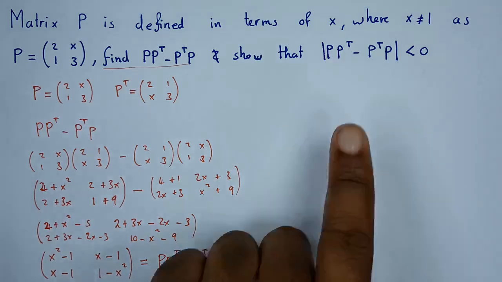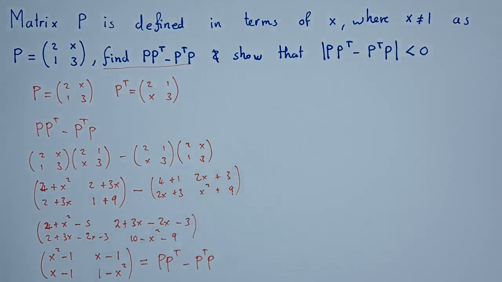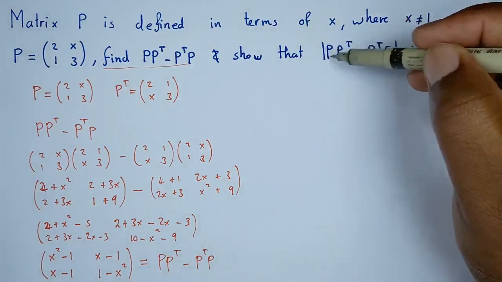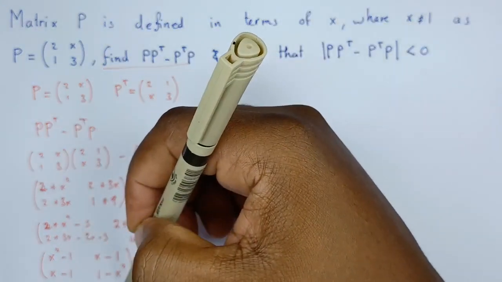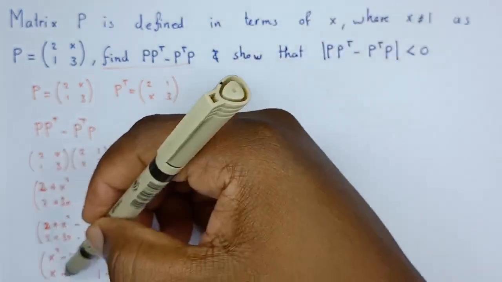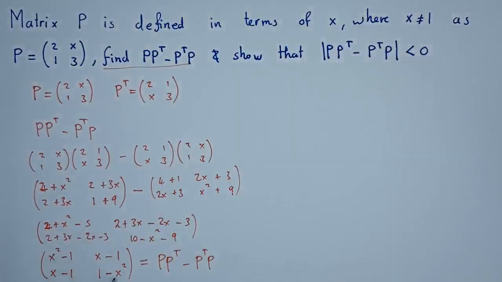Now, it's supposed to be negative given that you have found the determinant, because you can see that it's in the modulus, so we have to find the determinant. So how do we show that it's negative? To find the determinant, we multiply the major diagonal, then we subtract the minor diagonal. The major diagonal, what we have? We have this and this.